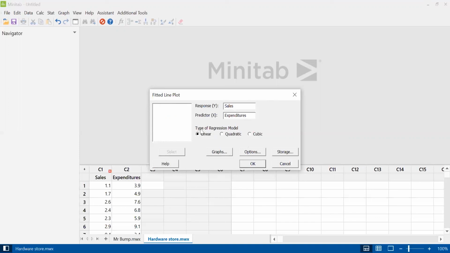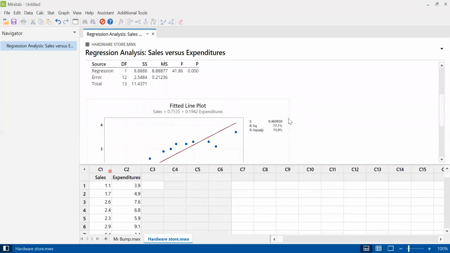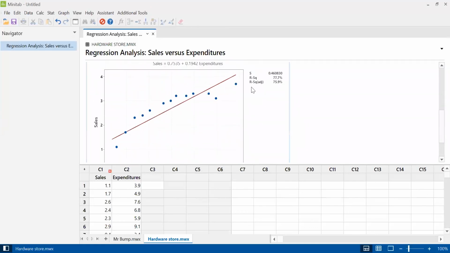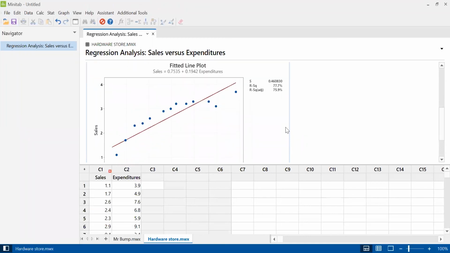We will stay with linear since that's what we first discussed. And if in other situations you want to visually examine whether quadratic is better or not, you can just pick quadratic and look at the results. So let's do linear for now and click OK. Then there we go. We've got the fitted line plot that we saw earlier.